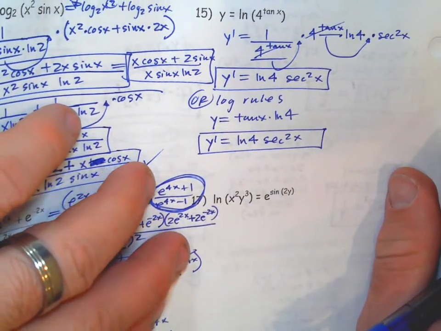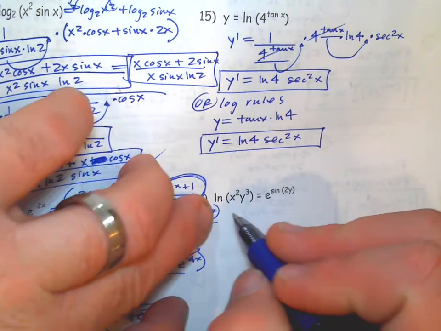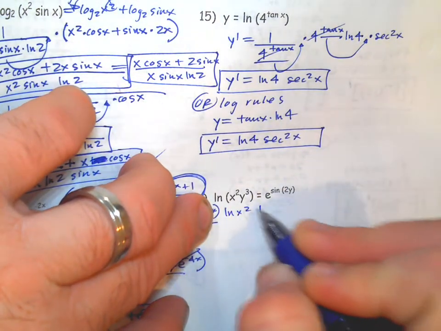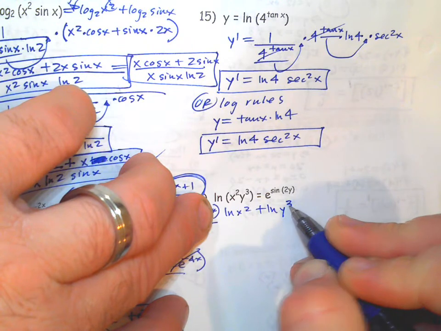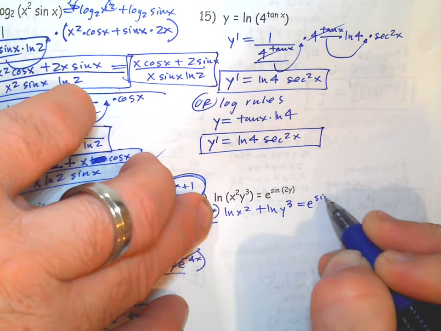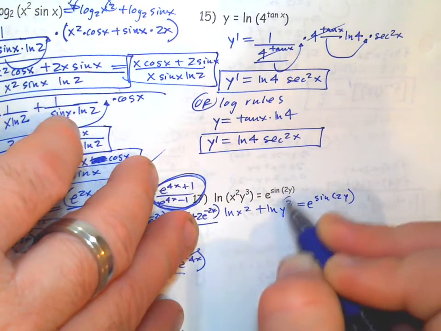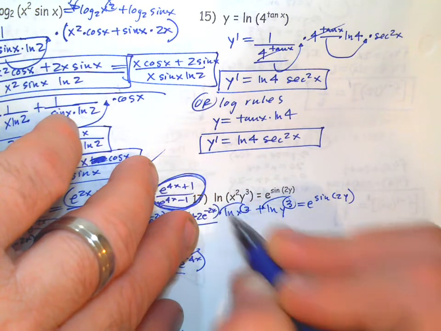Okay, number 17. I mean, I'd use log rules here, break this up. And I bring 3 out in front and 2 out in front, and I take the derivative implicitly.